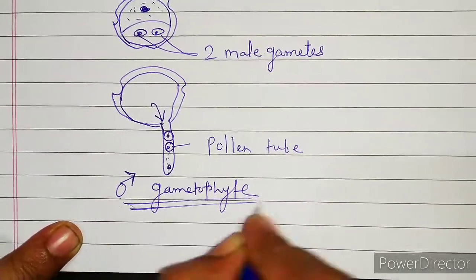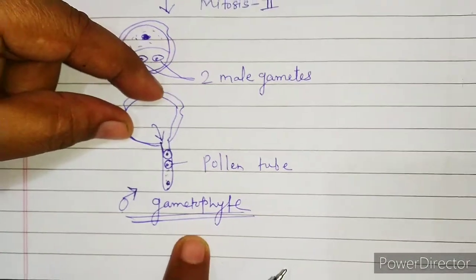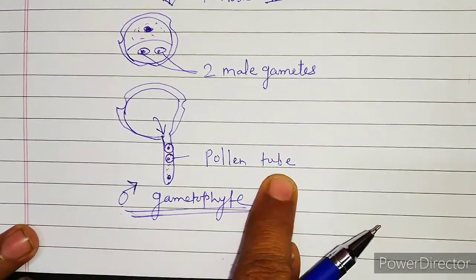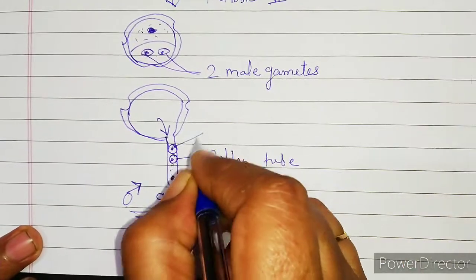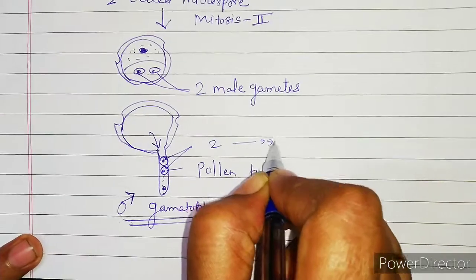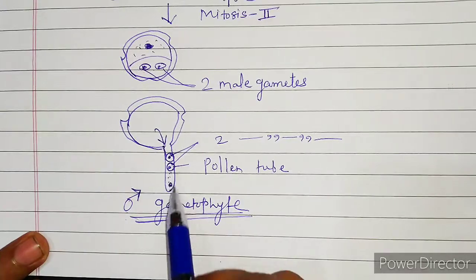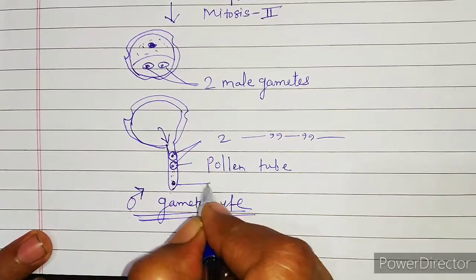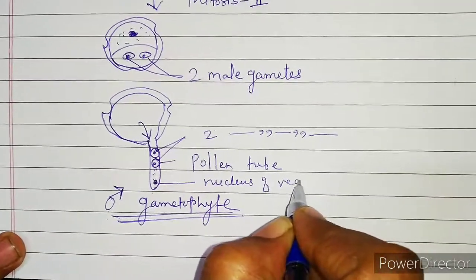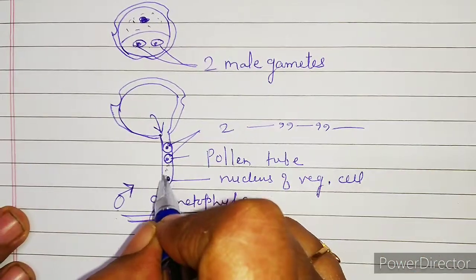So what is the male gametophyte? The male gametophyte is nothing but the pollen grain with a pollen tube in which there are two male gametes. This is the nucleus of the vegetative cell, or tube cell, and the cytoplasm is also there.